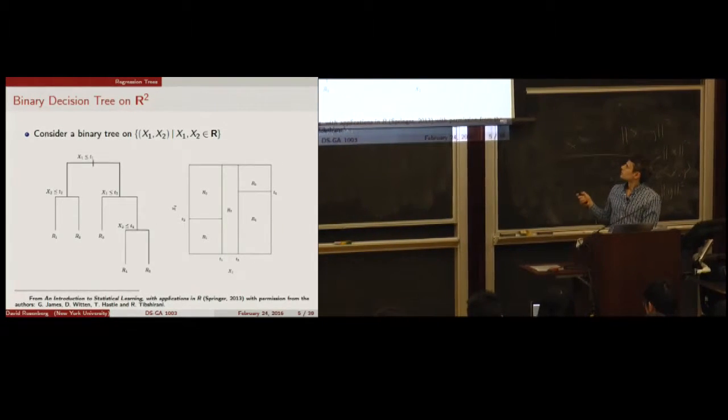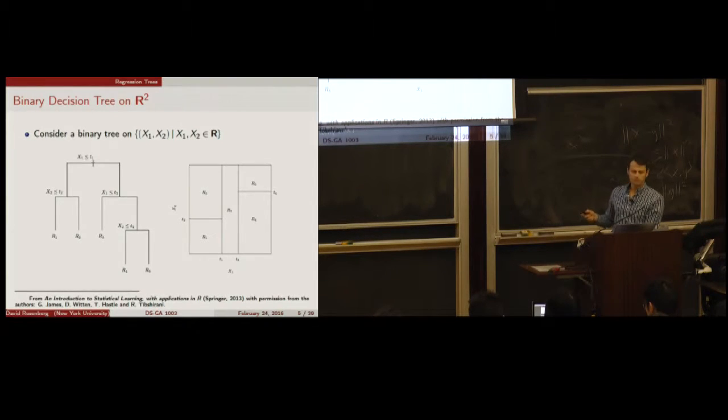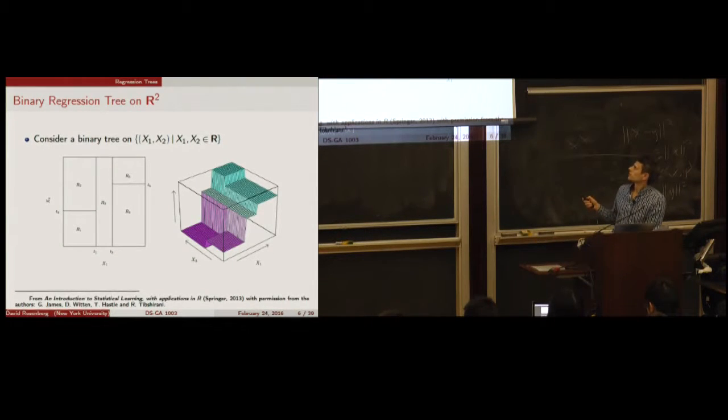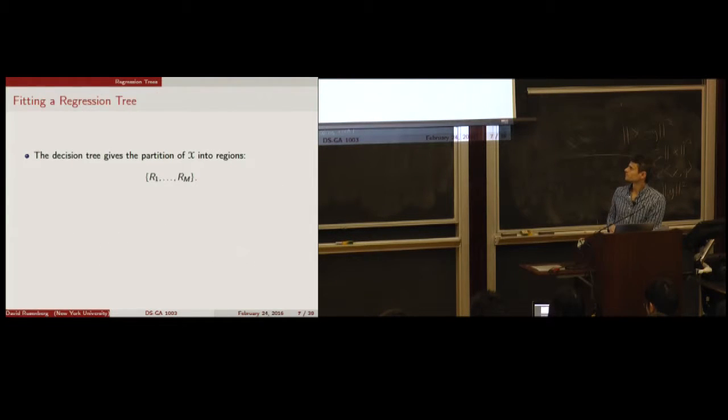All right. So once we have our regions, the splits, the decisions at each node give us our regions. And then with each region, we need to assign a value. So in regression, we'll assign a numeric value to each of these regions. And in classification, we'll assign a class. Fine. So here's a picture of regression, where in each of the regions, we have a different value that we're predicting. Notice that it's constant on the regions.